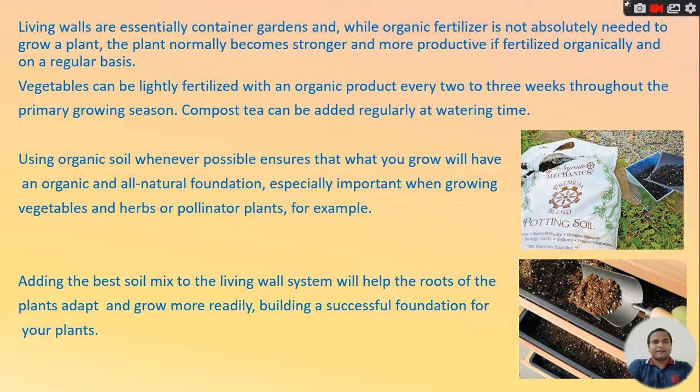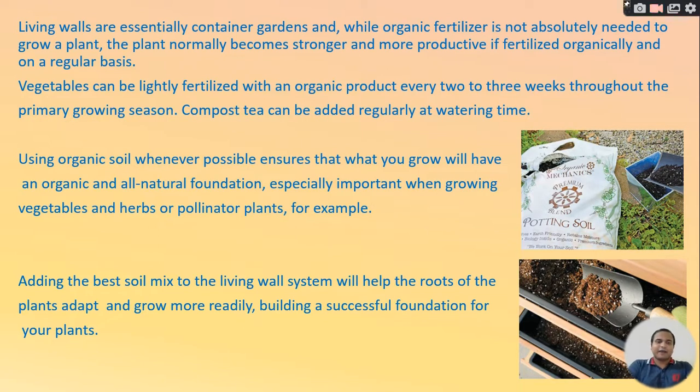Vegetables can be lightly fertilized with an organic product every 2 or 3 weeks throughout the primary growing season. Compost tea can be added regularly at watering time. Usually, organic soil, whenever possible, ensures that what you grow will have an organic and all natural foundation, especially important when growing vegetables and herbs or pollinator plants, for example.